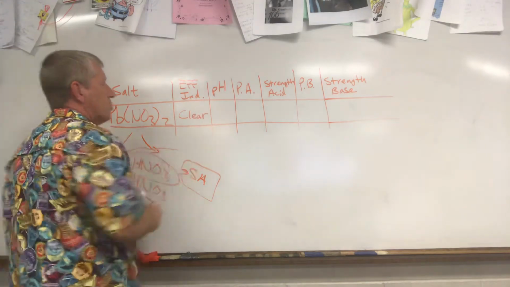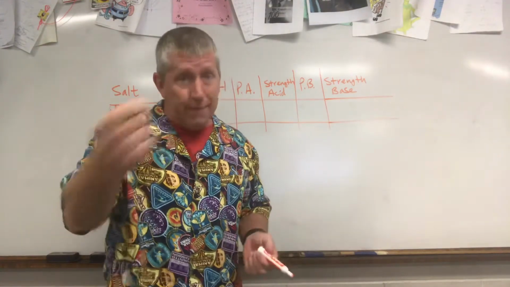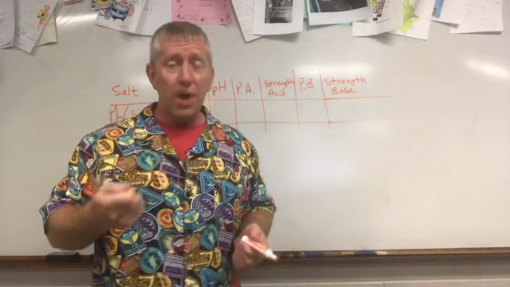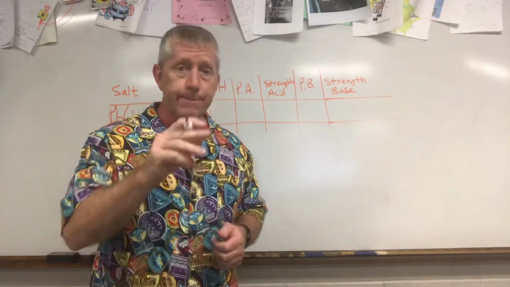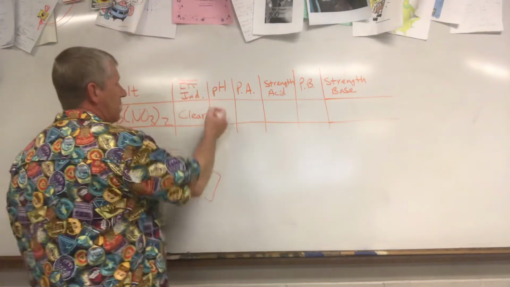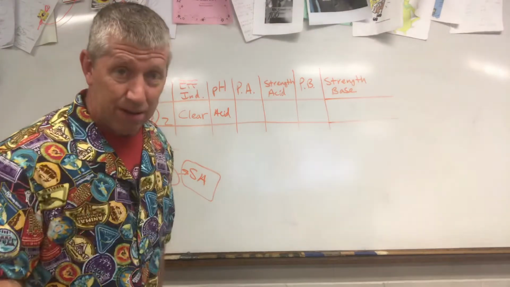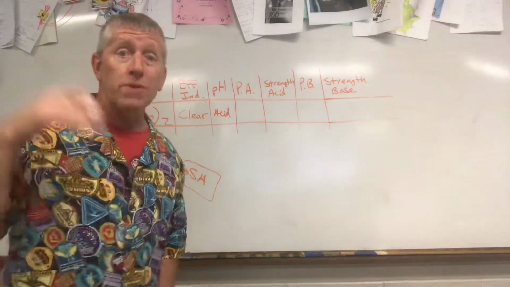Okay, what about the pH? Well, unless you actually had pH paper, which you would have had, to dip it in and check it, you don't know. But here's what you do know. It's acidic. So put pH acid, because you know it's acidic. Or you could put pH lower than 7.